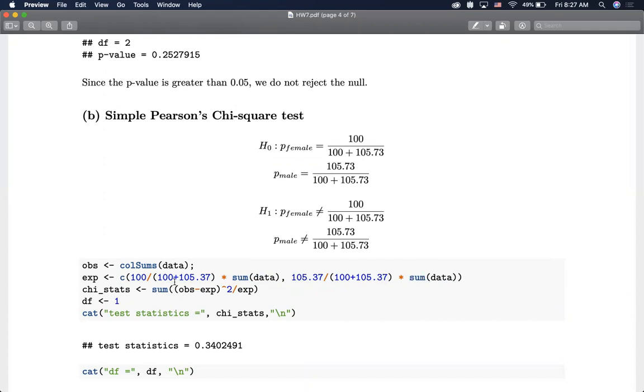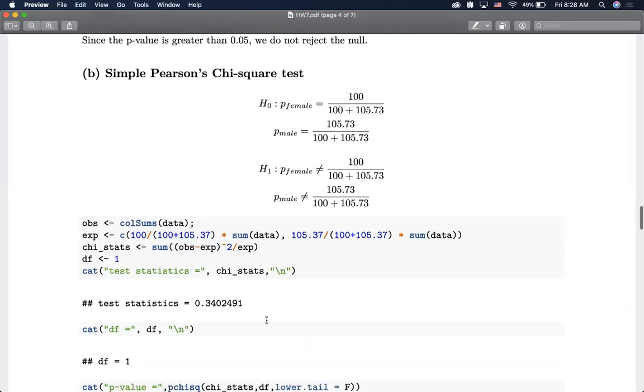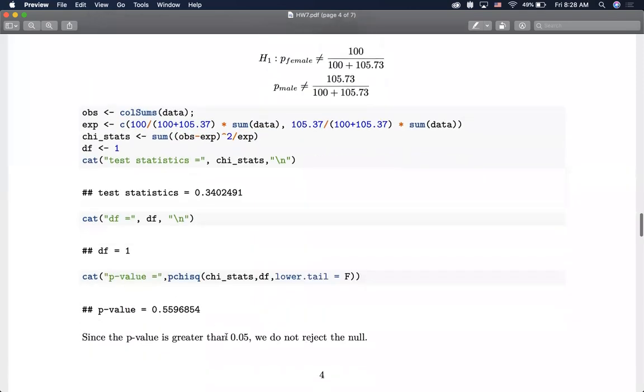Then basically just observed female minus expected, squared, over expected, plus observed male minus expected, squared, over expected. The sum of this ratio will give you the test statistic. Greater than 0.05, reject the null.